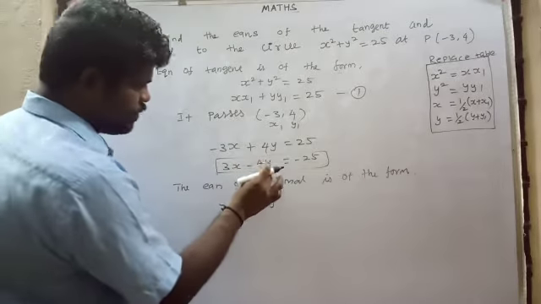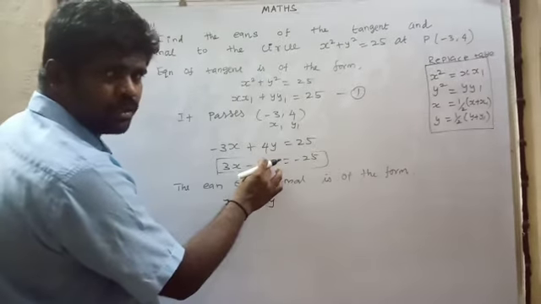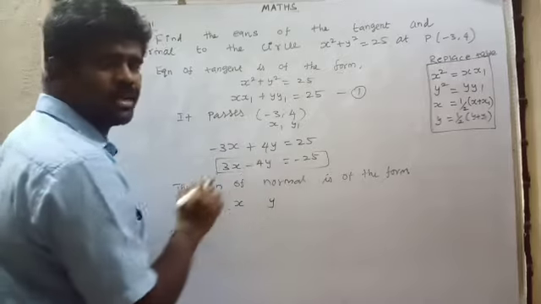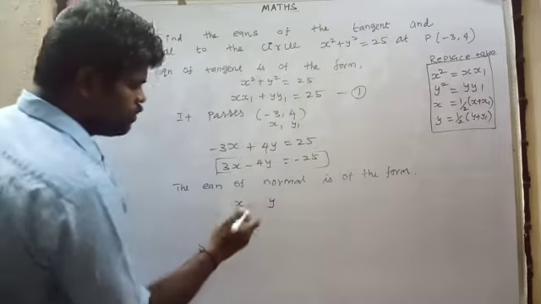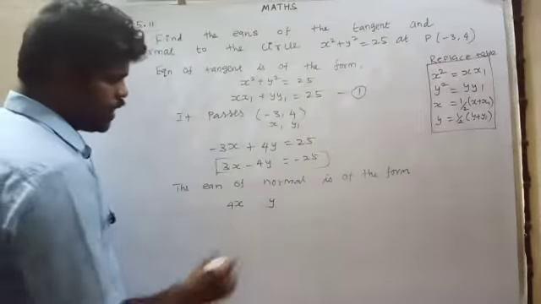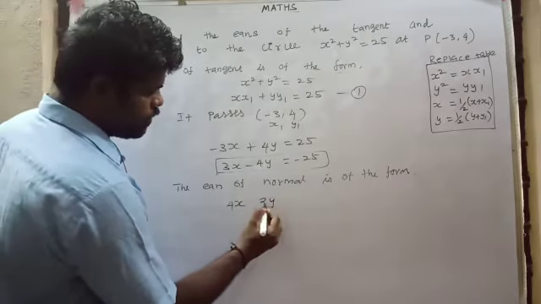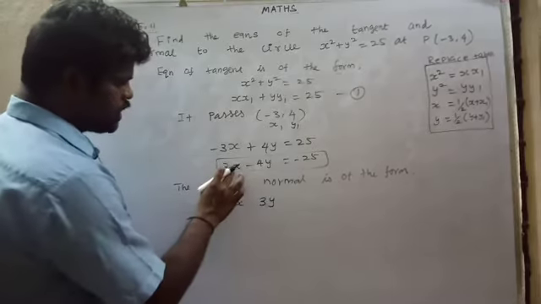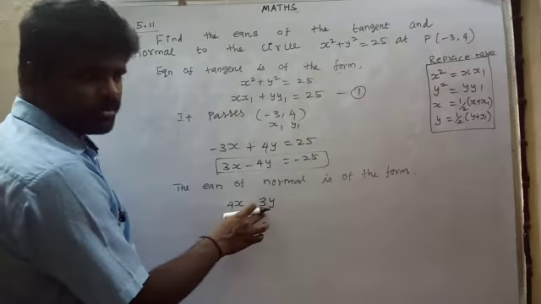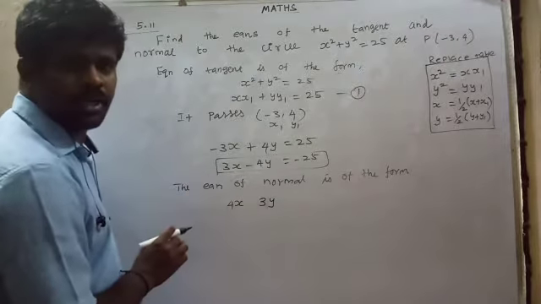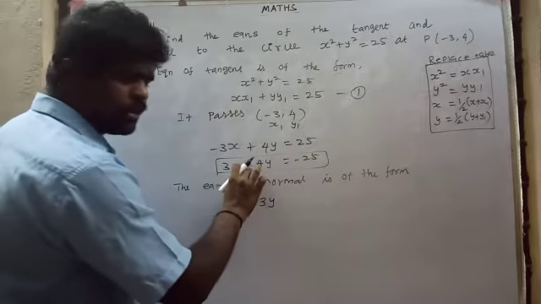So take only the number, don't take it with sign. So we take only the number here, 4x, and the x coefficient comes to y. This is the x coefficient, and this is the y coefficient, but we don't take the sign only. And what is the sign here?